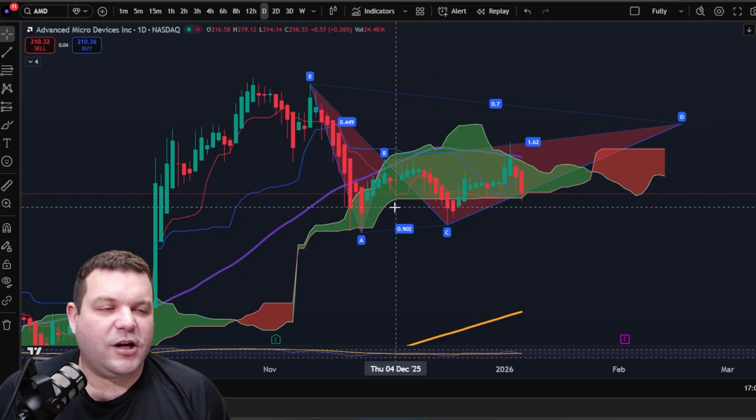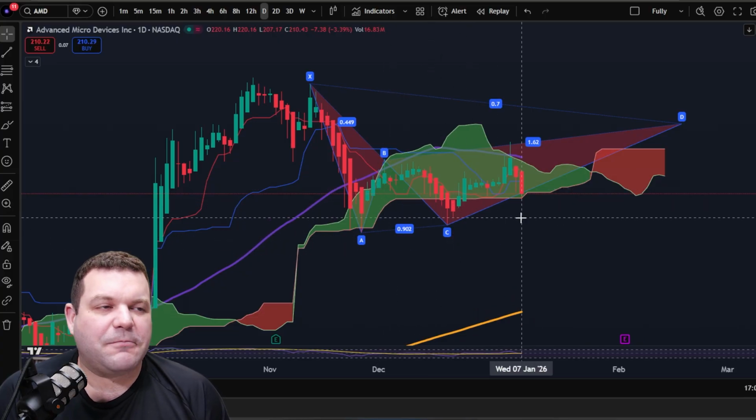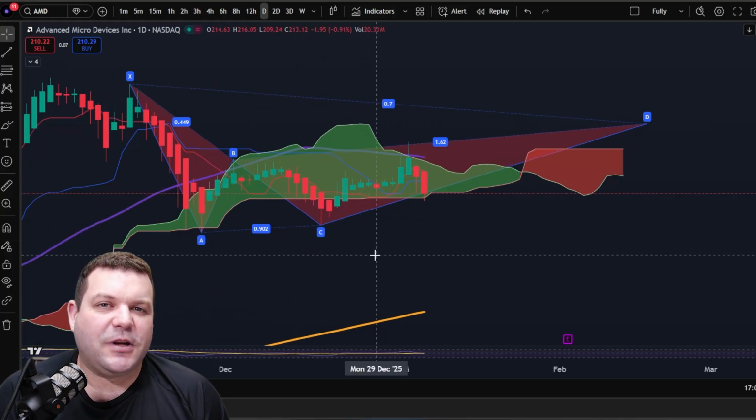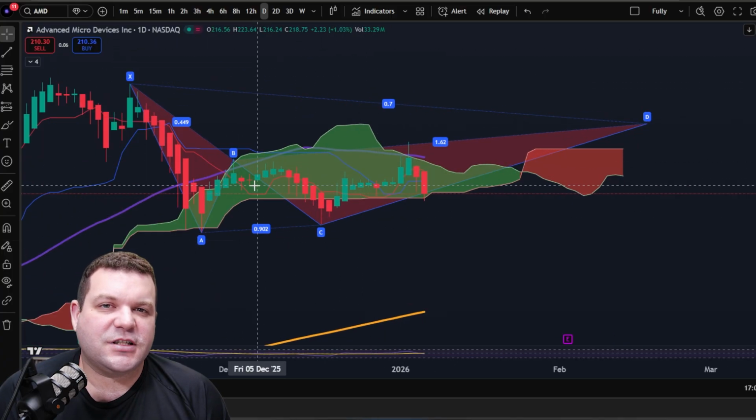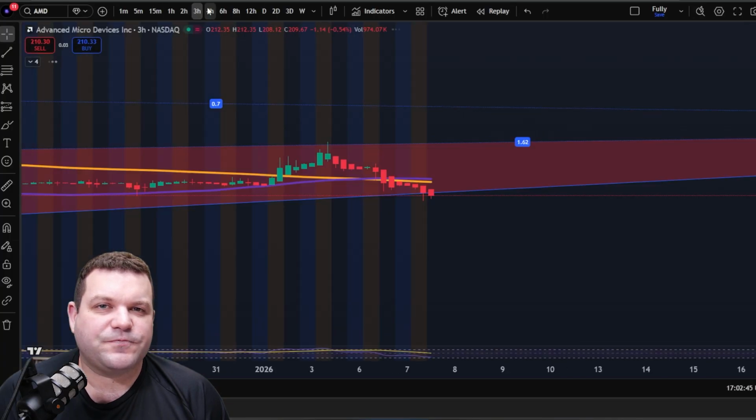I found a very interesting bearish bat pattern that could be popping up on the AMD charts, and we'll break this down furthermore with Chart Forecaster.